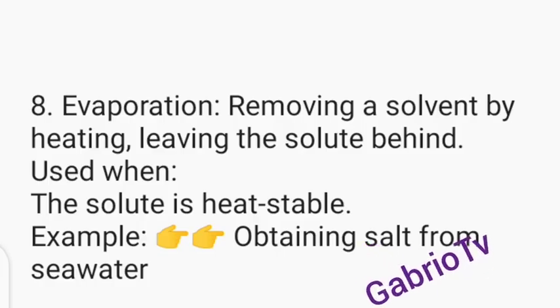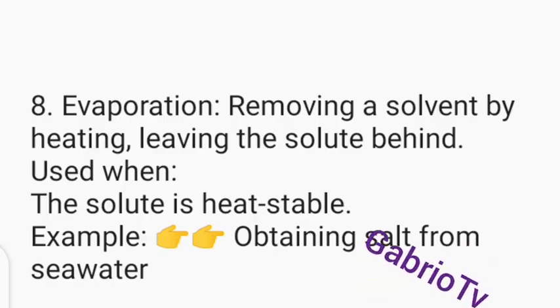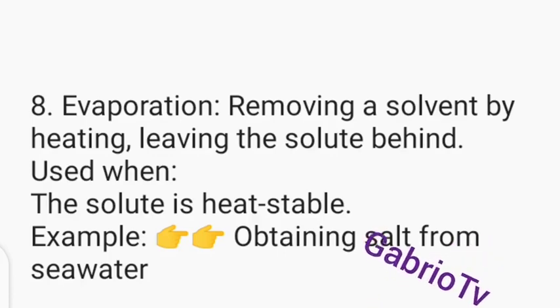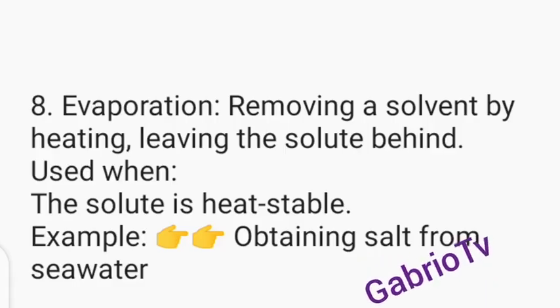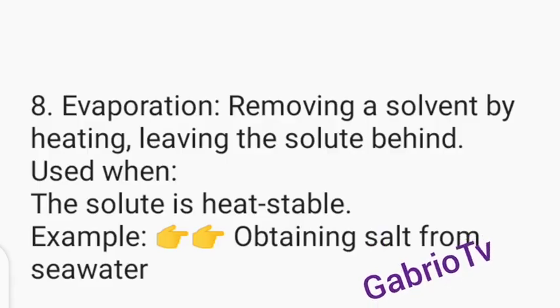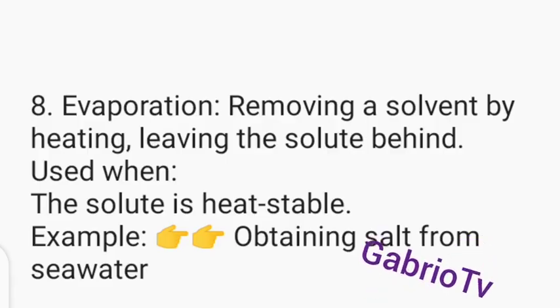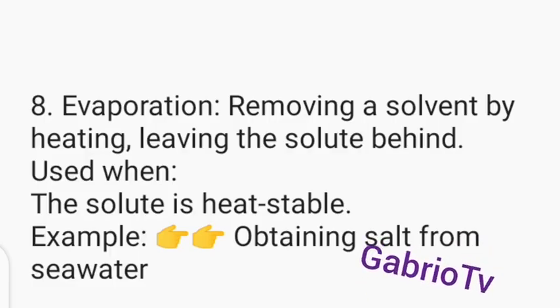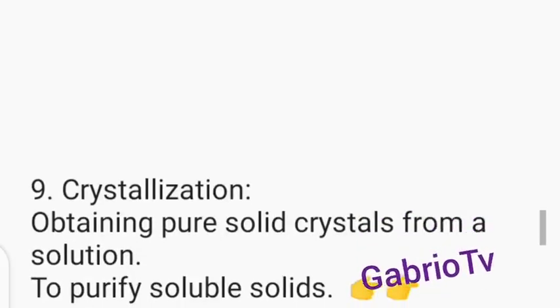It is used for obtaining salt from seawater, and also to produce sugar crystals from sugarcane. If you pour sugarcane juice inside something and begin to evaporate to dryness, by the time all the water is dried off, what you are left with is the crystals of sugar. So that's evaporation, and evaporation to dryness.